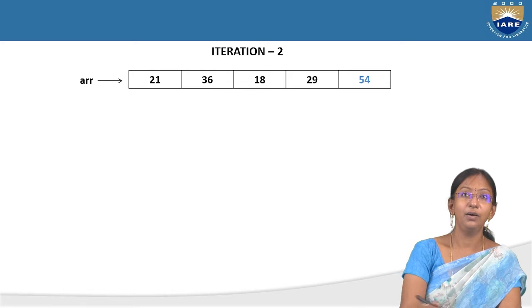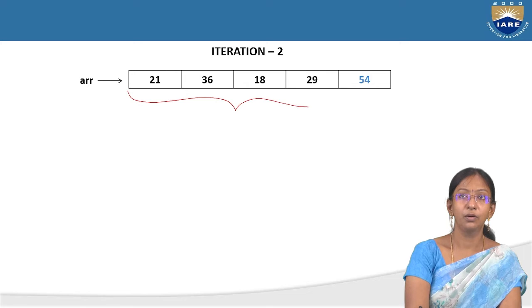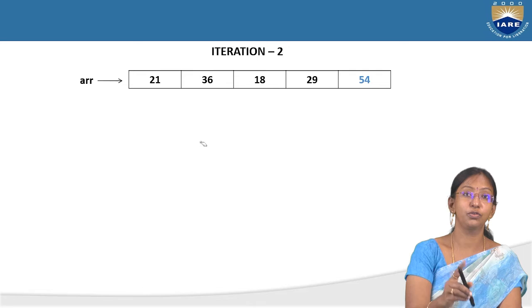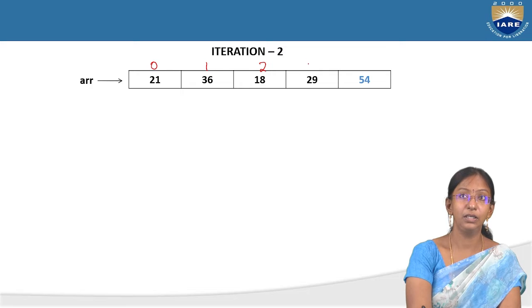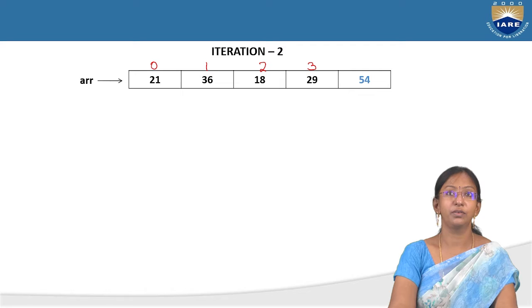So now my loop is going to run on only these 4 elements, whose index values are 0, 1, 2, and 3 respectively. Let's do the process.